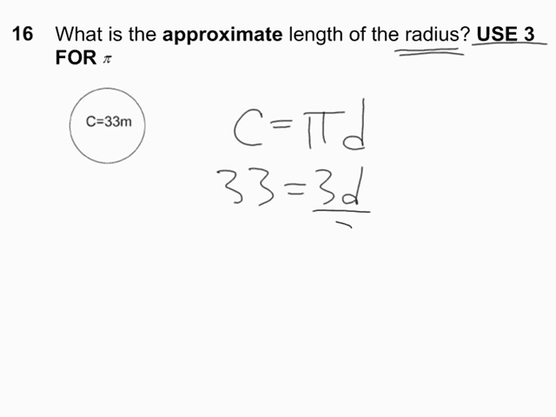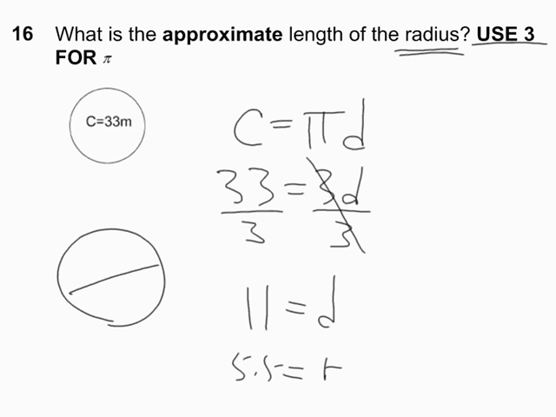So I'm going to first isolate for the diameter using my algebra sense by dividing both sides by 3. The diameter is equal to 11. Now, since the diameter is equal to 11, we know the radius is half that. So the radius must be half of 11, which is 5.5. Because look, here's your diameter. It's 11, which means the radius is 5.5.